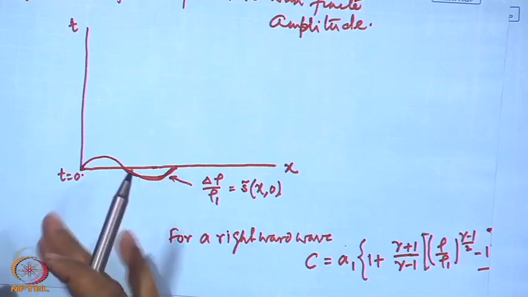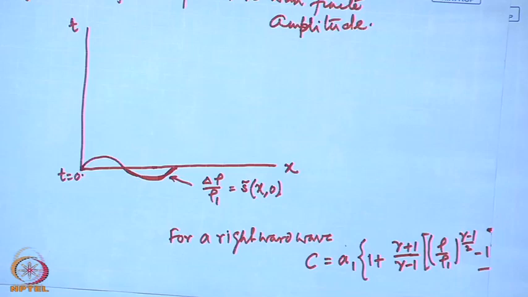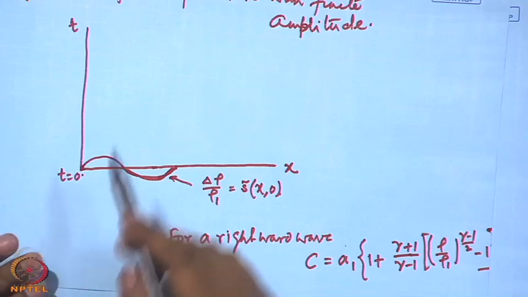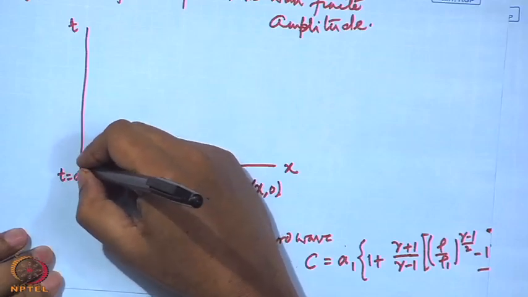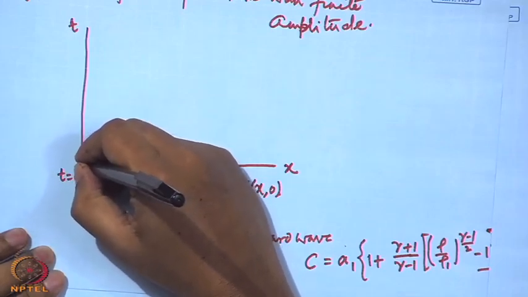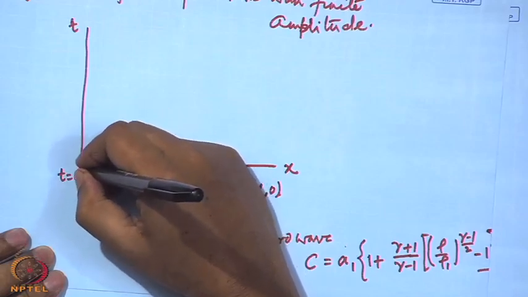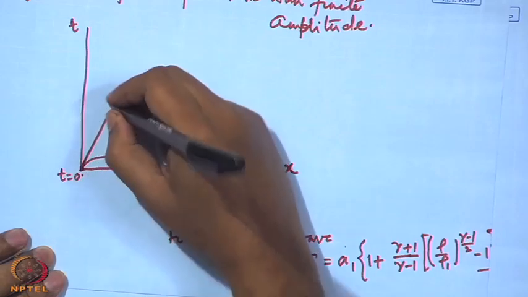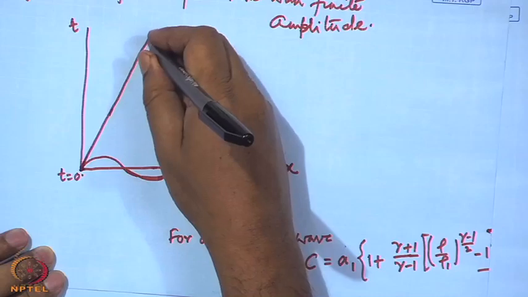In the region of higher condensation, the characteristic lines are inclined more, since the slope, as you have seen earlier, is proportional to the wave speed. Consequently, let us say that at this point where the density is constant, the speed will remain the same as a 1 and the characteristic line will be like this.